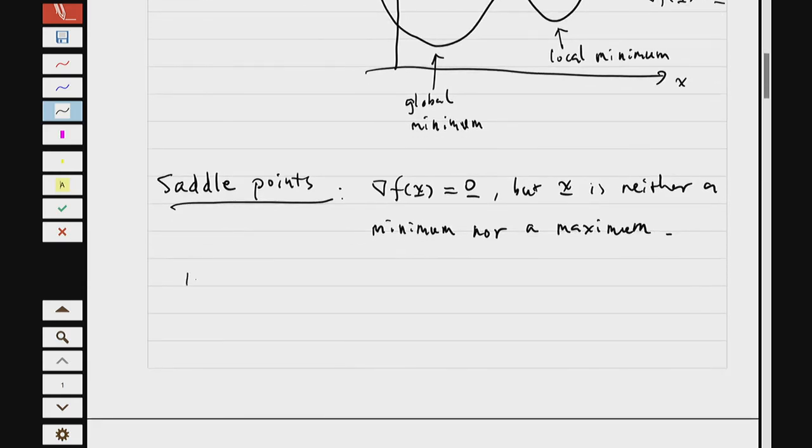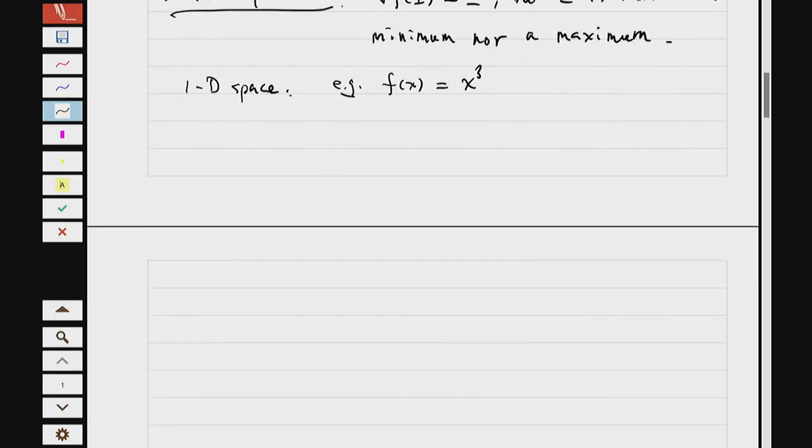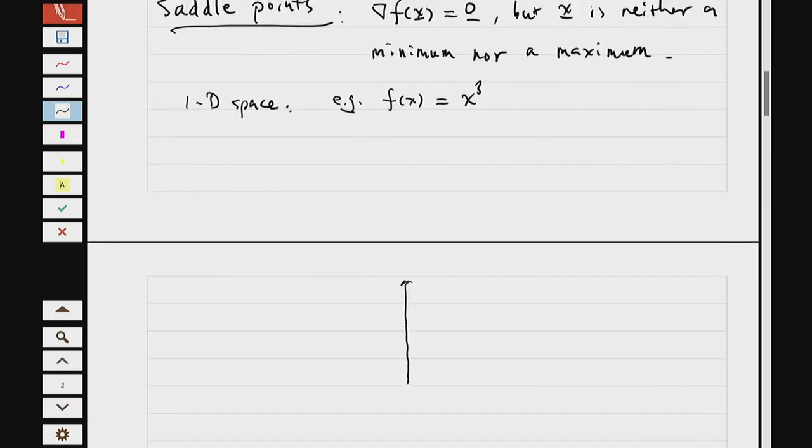Those of you who have seen saddle points before know this figure very well. In one-dimensional space, one common example is f(x) equals x cubed. If you plot this, x cubed looks like this.